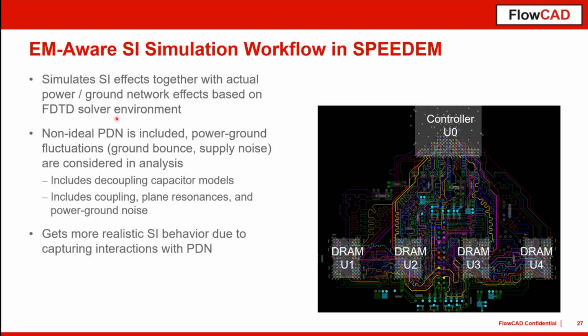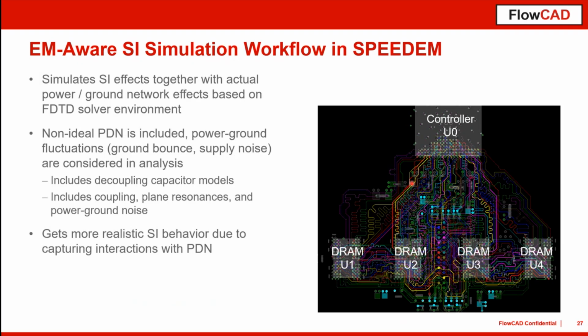This simulation mode explicitly accounts for non-ideal power ground effects. So instead of assuming ideal power ground planes, as we've seen before, this workflow considers the real layout of the power distribution network, including coupling, plane resonances, power ground noise, and also the decoupling capacitors. That is the power-aware aspect of this setup.